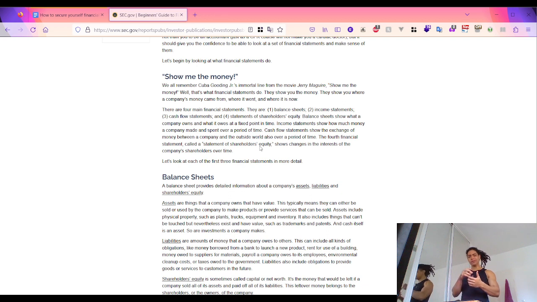It reviews cash flow from operations, financing, and investing, and at the bottom line you find if a company generates cash or not.